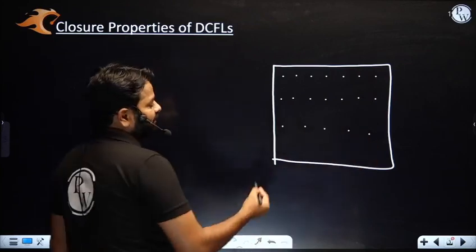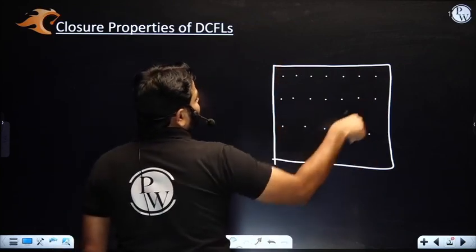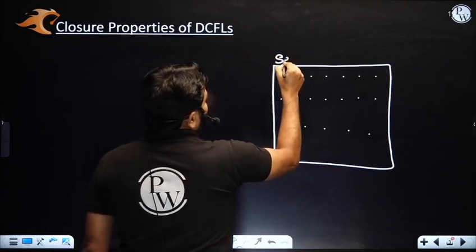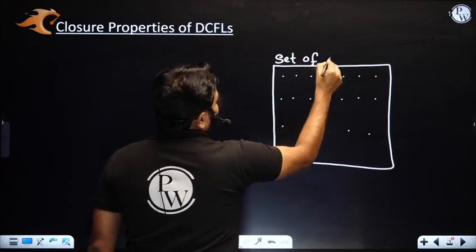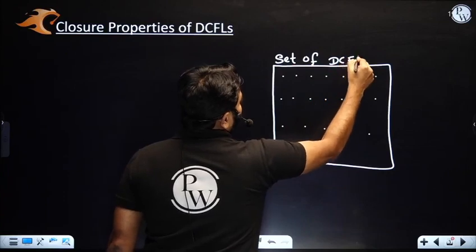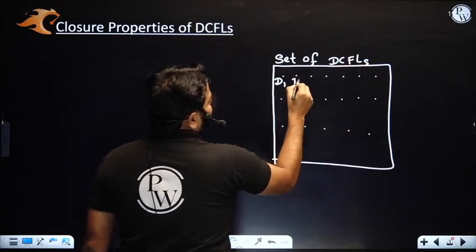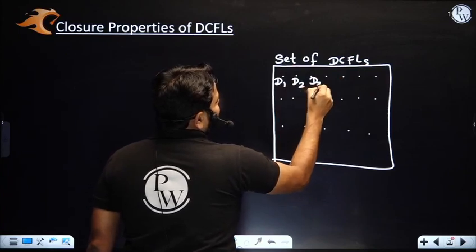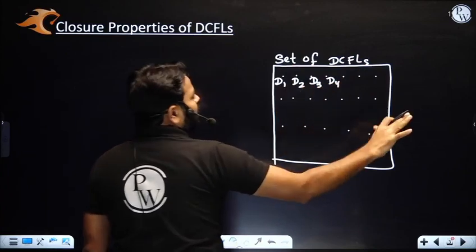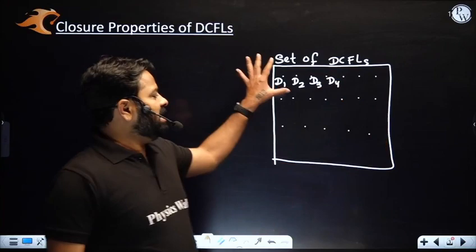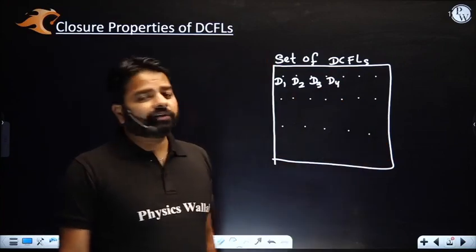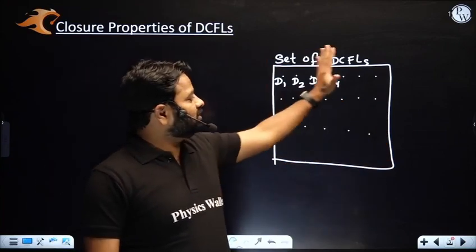Infinite DCFLs, right? So this is nothing but the set, or domain, in which you have DCFL1, DCFL2, DCFL3, DCFL4 and so on. There are infinite deterministic context-free languages present in this domain.